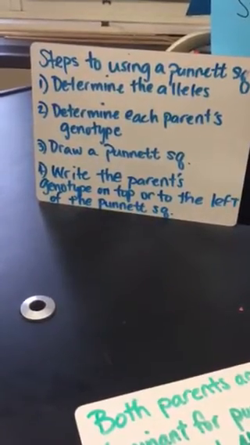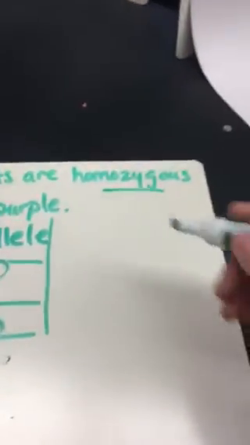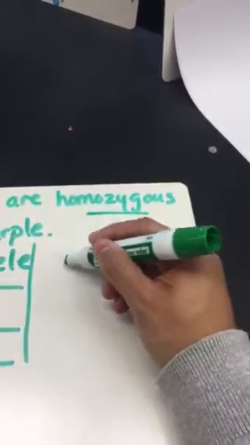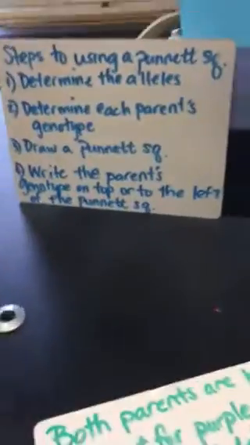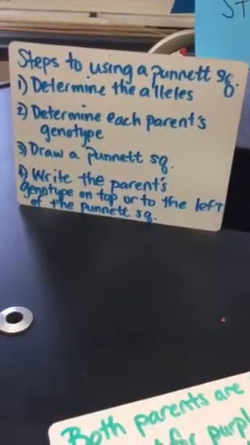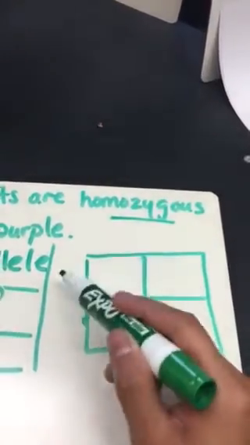Number 3 says draw the Punnett square. We're going to be focusing on Punnett squares that have only 4 boxes. We'll be taking a look at more complicated Punnett squares in later lessons. Step number 4, write the parents' genotypes either on the top or to the left of the Punnett square. It doesn't matter if parent 1 is up on top or to the left.